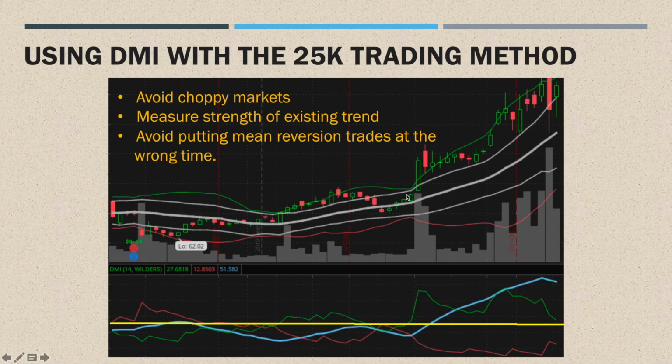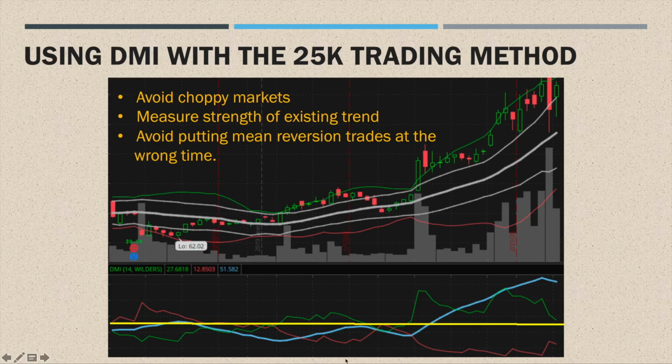So if you notice at this point, when the ADX is coming out of this 20 region here, the yellow line indicates the 20 area, a new trend has started. The stock has come out of a consolidation phase and a new bullish trend has started. Now, once it's above 20, that means there is a trend in place. It could be bearish or bullish.